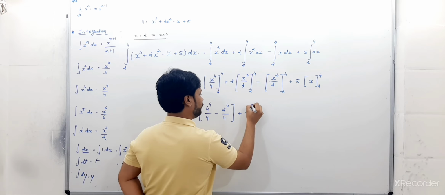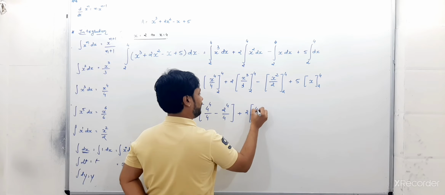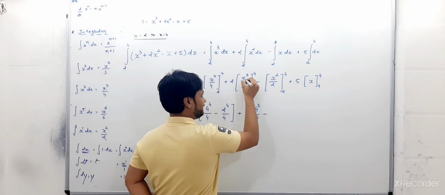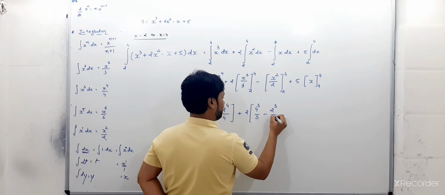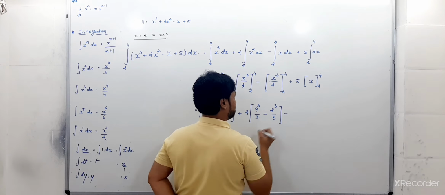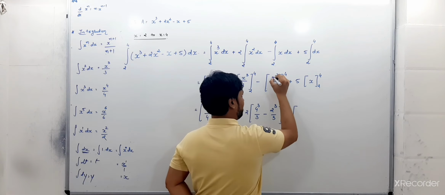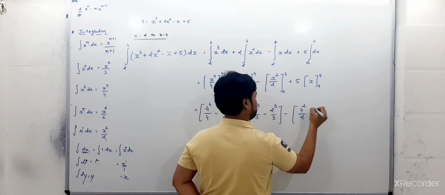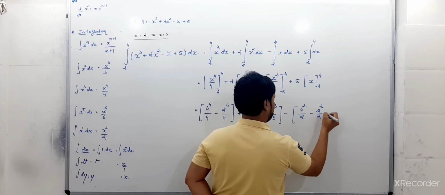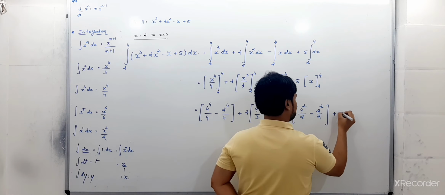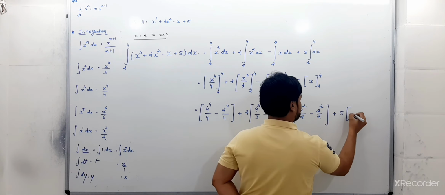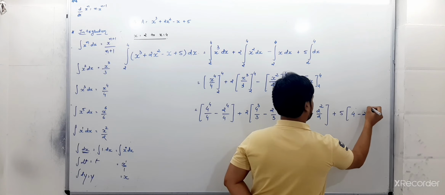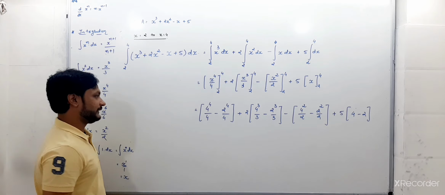Plus 2 times 4 raised to 3 divided by 3, minus 2 raised to 3 divided by 3, minus 4 squared divided by 2 minus 2 squared divided by 2, plus x, that means 4, only 4 minus 2. Done? Okay, now take the simplification.